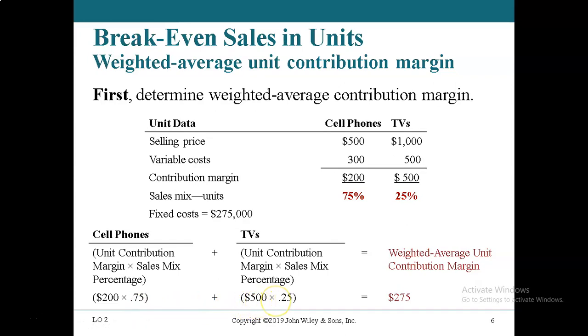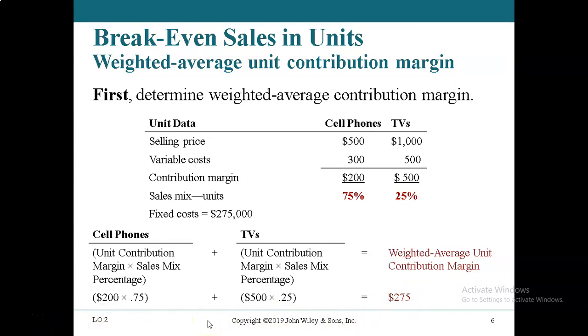And what percent do you sell TVs? 25%. So if you do the math, 200 times 0.75 plus 500 times 0.25, that's $275. This is important because this is called the weighted average contribution margin per unit.